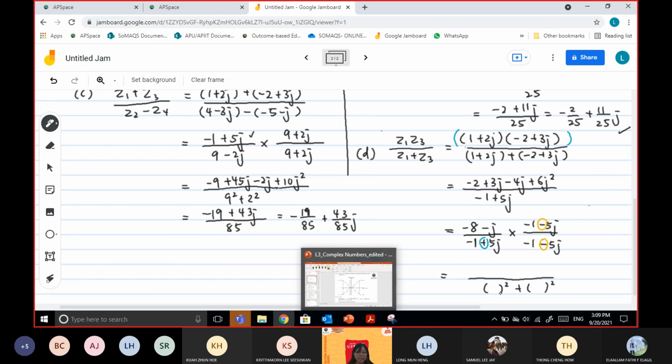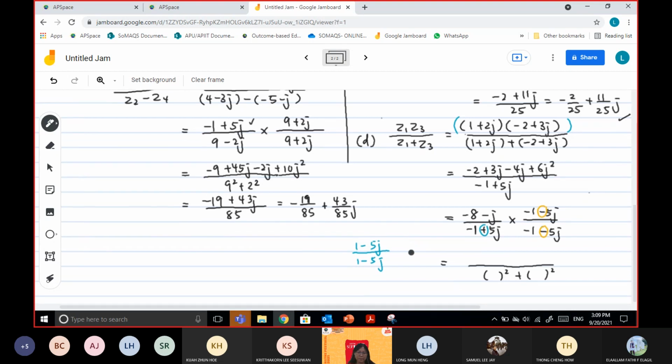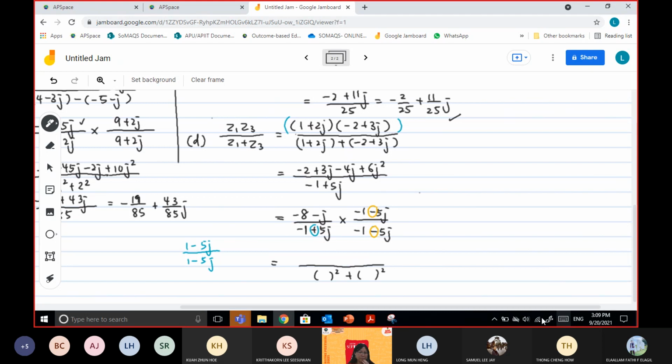Man Heng, how to calculate the denominator? What square plus what square? Man Heng? Where is Man Heng? After answering my question... Man Heng, how to calculate the one at the bottom?